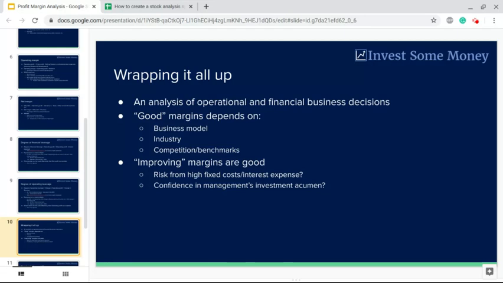And if you've read or watched any of my other content on Common Stocks and Uncommon Profits, the book by Philip Fisher, you'll know that he's big on analyzing management. And it makes sense because it's their decisions that affect everything, that will affect future performance, that will affect the attractiveness of an investment.